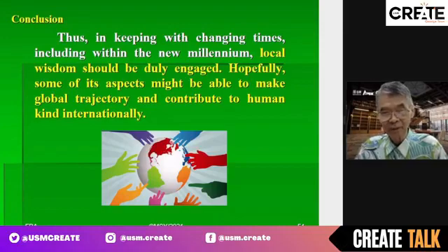What has been achieved so far is tremendous, actually. And we should thank the ancestors of the Malays here who have performed their duties in making their local heritage something global.